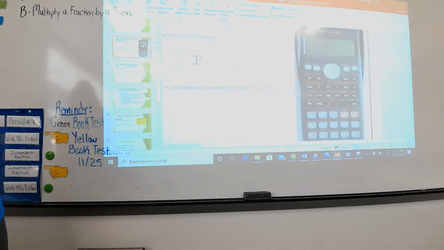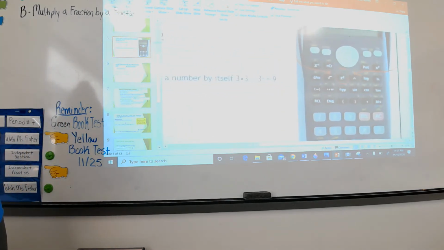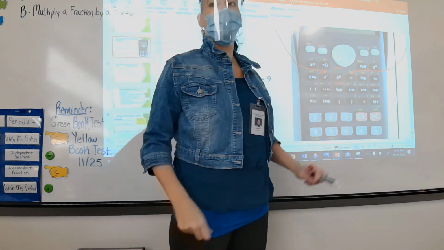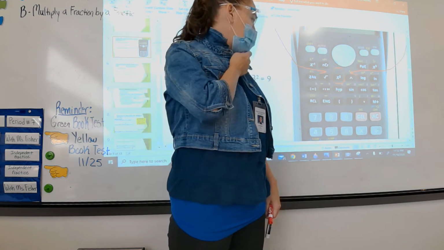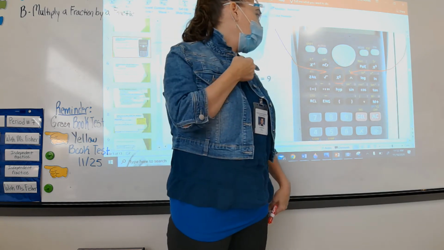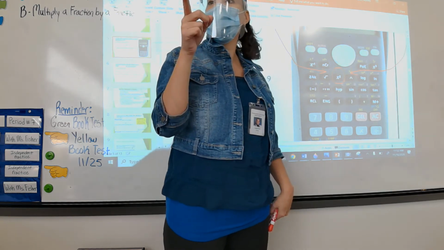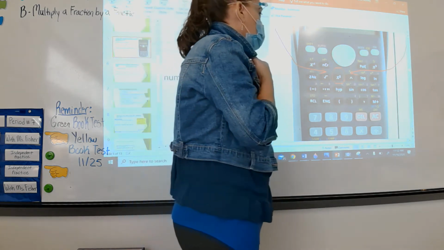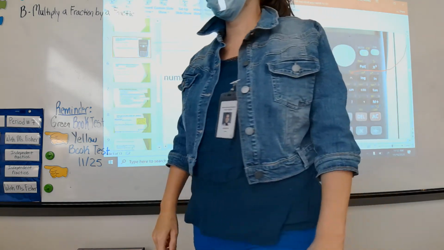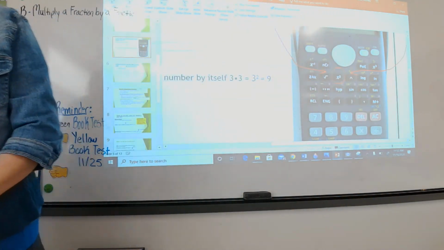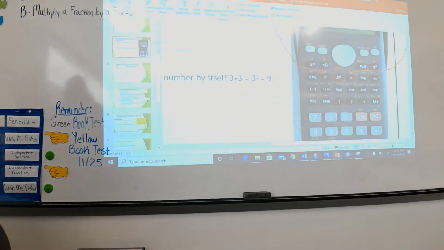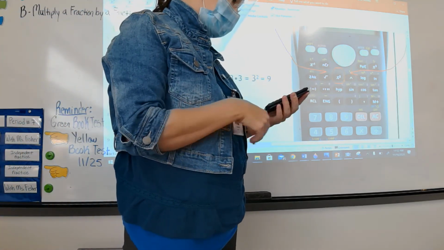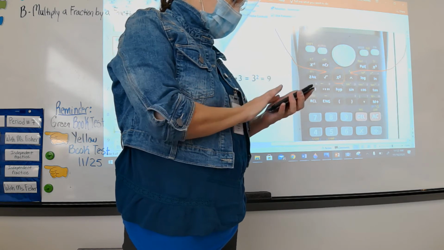So if you see up here, this is how it's represented most times. Let me grab the calculator I bought you and see how it's represented, because all the calculators represent it pretty differently.